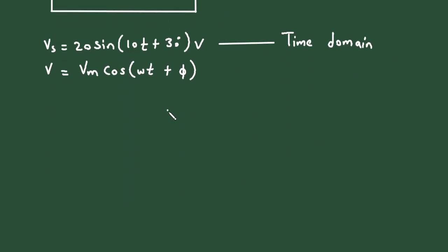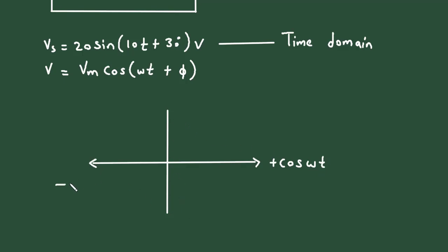So let's go to the basics. On this horizontal axis, this is plus cos omega t, and here this is minus cos omega t. On this vertical axis, this is plus sin omega t, and here this is minus sin omega t. Now we have to convert sine to cosine. So we are moving from here to here in this direction, so we have to add plus 90 degree to it.